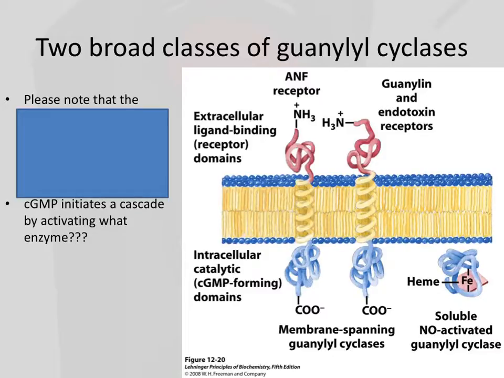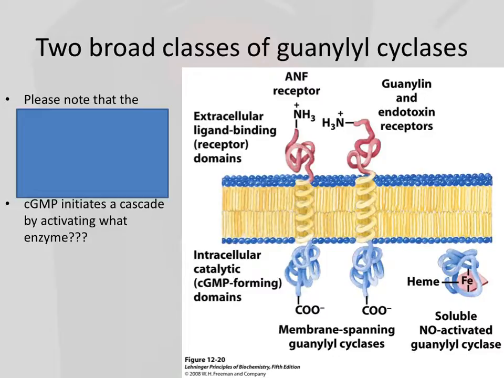All right. So yes, I uploaded the one that just has the boxes and not the answers. But yeah, so there are 2 types. There's a type that we've seen in the past, which has the transmembrane domain, so we have an external binding event that causes an internal signal. And then we also have the type that's only internal, and that one is activated by nitric oxide. Okay, that's what the NO stands for.